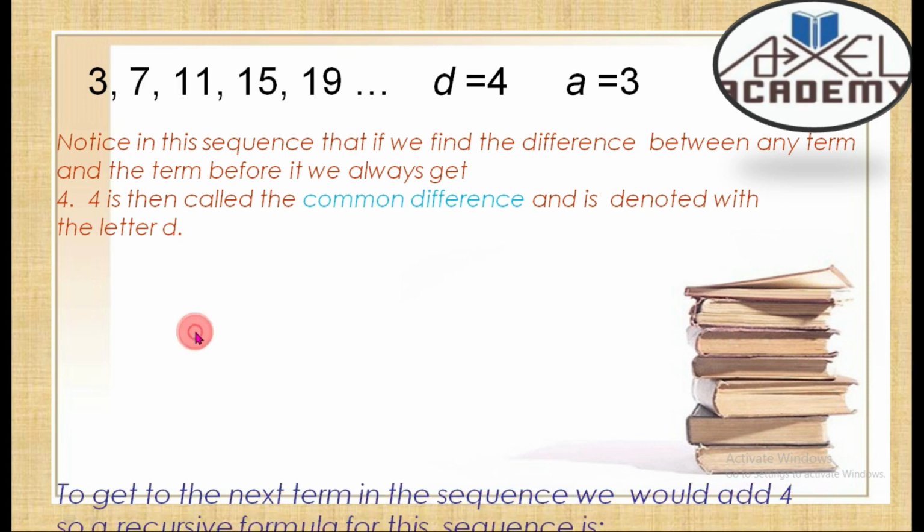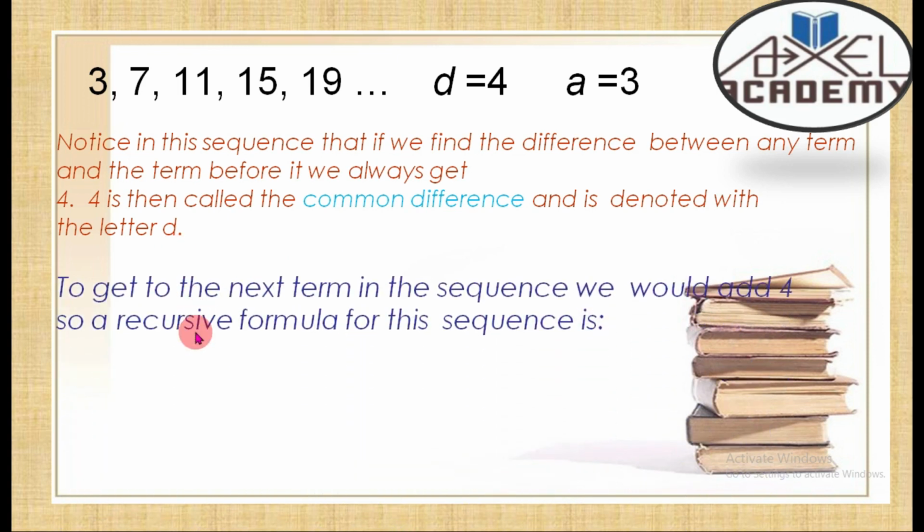Okay, I think this is clear. So what can we conclude? To get the next term in the sequence, we add 4. A recursive formula for this sequence will be somewhat like this: an equals a(n minus 1) plus 4. Why plus 4? That's what I have explained.